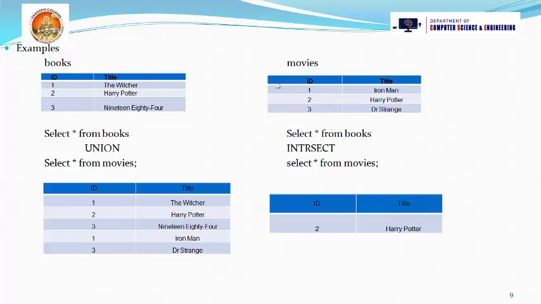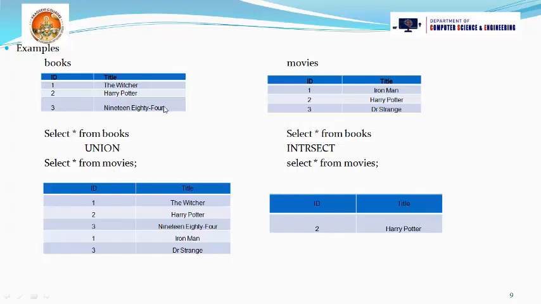Here the column names may not be the same, and this is the output of the union operator and this is the output of the intersect operator. Union returns all the tuples that occur either in books or in movies or in both, but the common tuples will not appear twice.